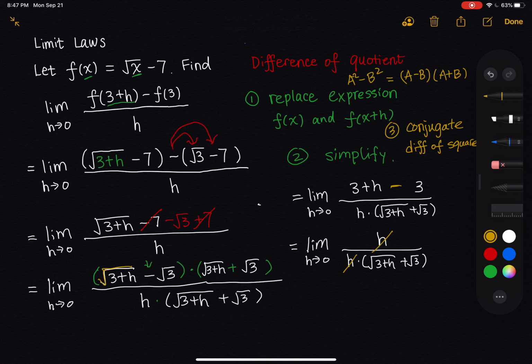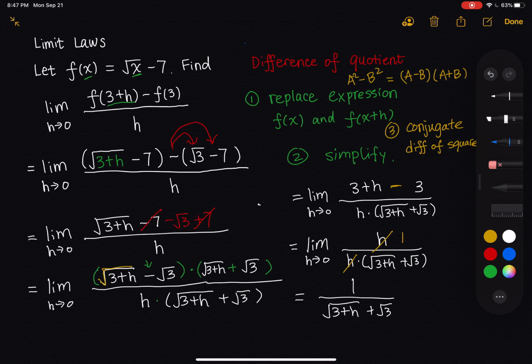Now you see cancellation of h, and there will be no problem. When you cancel h on the top you don't get 0, you get 1, because you're doing a division. So then you get the limit as h goes to 0 of 1 over the square root of 3 plus h plus the square root of 3.